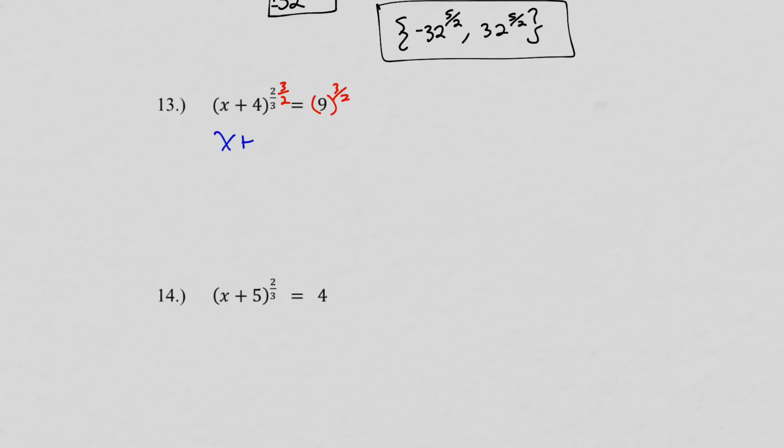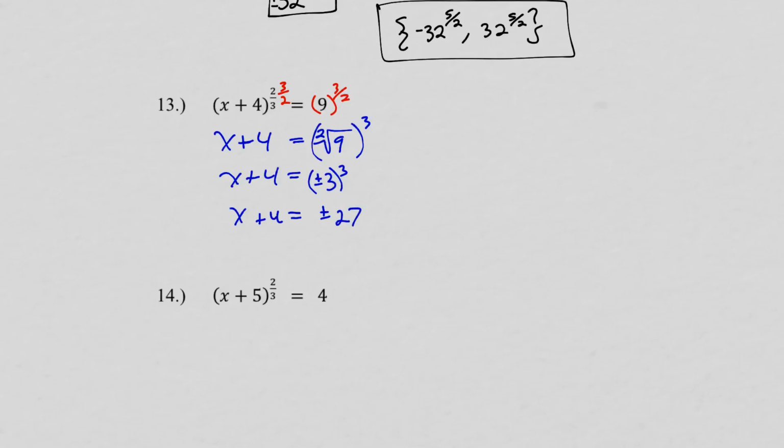So this cancels out, gives us a nice x plus 4. And then this is going to be the square root of 9 raised to the 3rd power, which is 3. Actually, plus or minus 3. Sorry. So this is plus or minus 27.